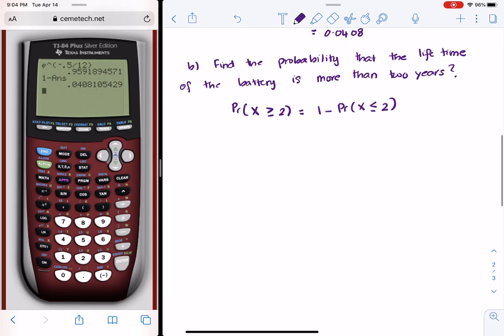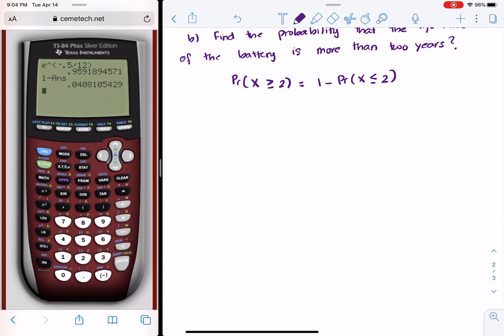So what we have here would be 1 minus 1 minus e raised to minus 0.5 multiplied by 2. If we simplify, we have e raised to minus 1.